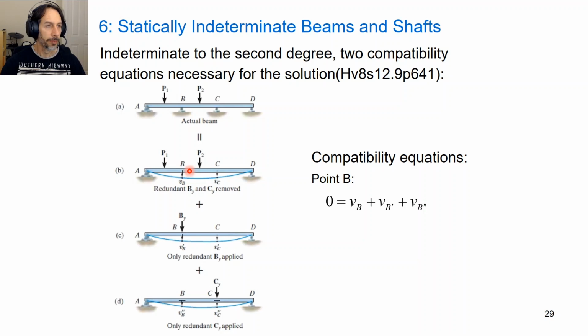Going back here, this plus this plus this must be equal to 0, because we have a support here.